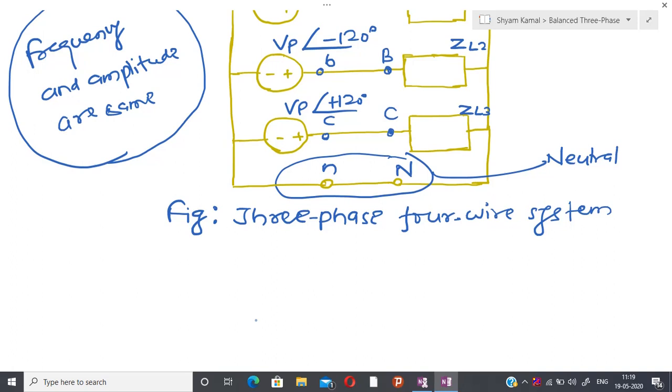And if you see the situation of industry, then basically in industry we require more phases. And if you talk about the aluminum industry, 48 phases are required for melting purposes.